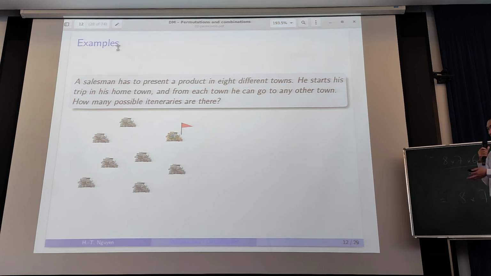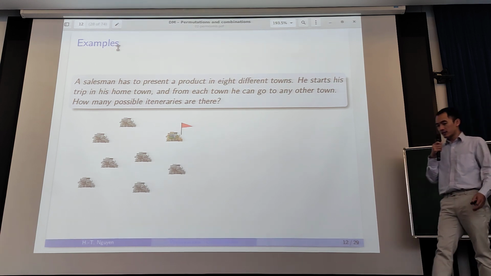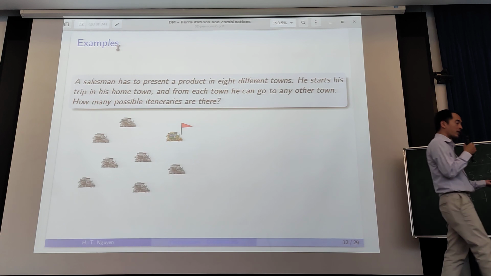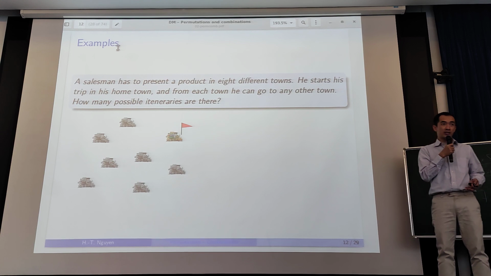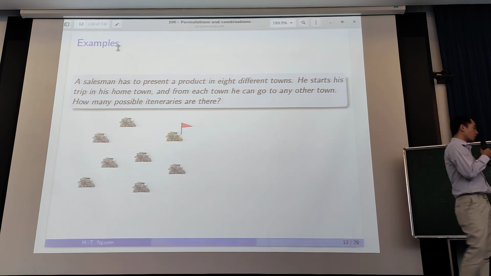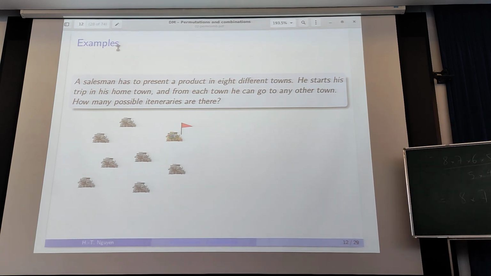And we suppose that all the towns are interconnected in the sense that from one town you can go to any other town. Okay? So there's no restriction. And the requirement for the trip is that this person visits each town once and only once. Okay, so he has to visit every town and not return to any town.